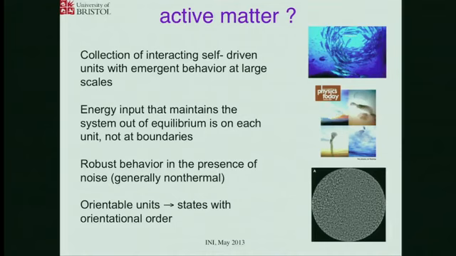So each of these elements is driven, so it's a system that's out of equilibrium. That's maybe not so surprising. We study out of equilibrium systems all the time. But they're interesting because the out of equilibrium effect is a bulk effect. It's not something that's coming from the boundaries as we are used to thinking. And that has interesting implications.